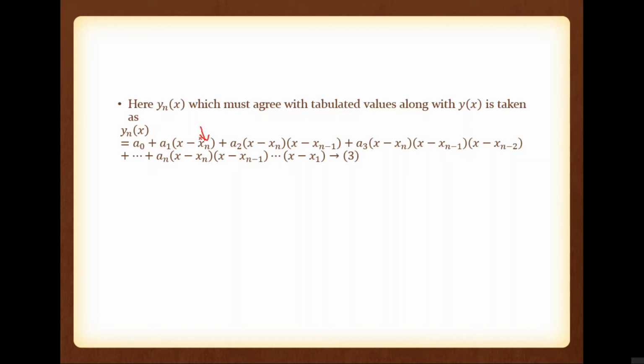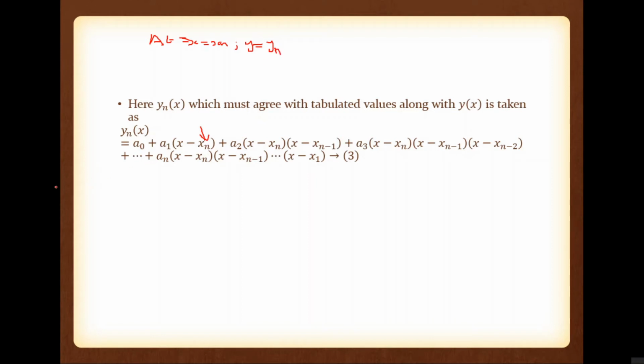So first we remove the entire term by substituting x equal to xn. At x equal to xn, y is equal to yn, because xn comma yn is the point.